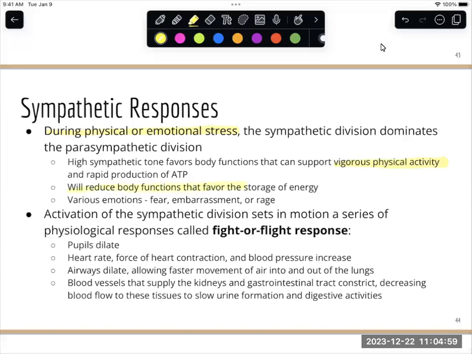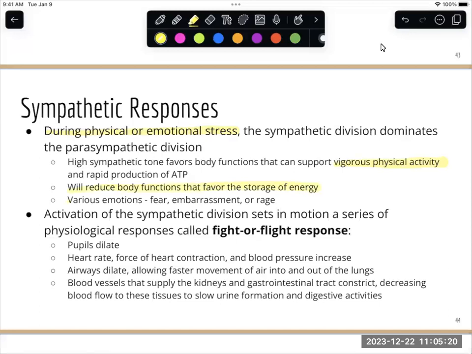It reduces certain body functions that favor storage of energy. We don't, in a sympathetic response, like running. I use running as an example because it technically puts your body into a sympathetic response. You're not trying to store energy when you're running. You're using up energy when you're running.